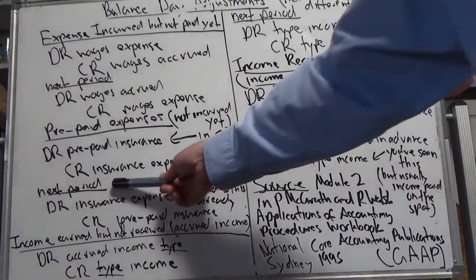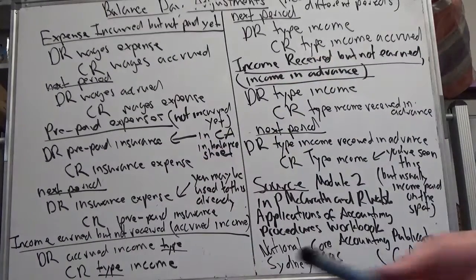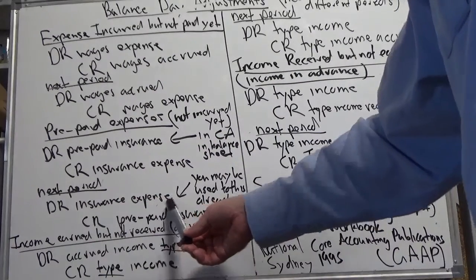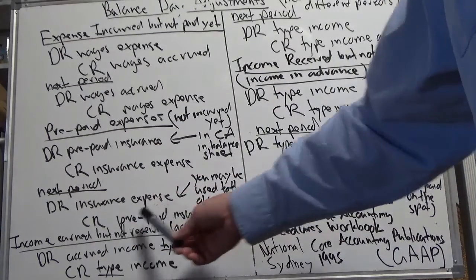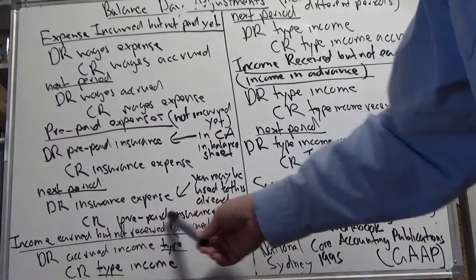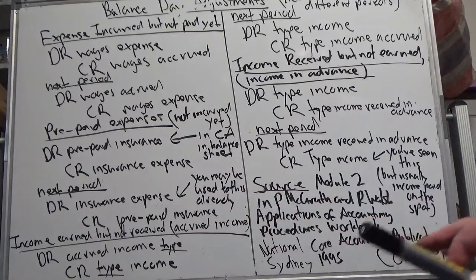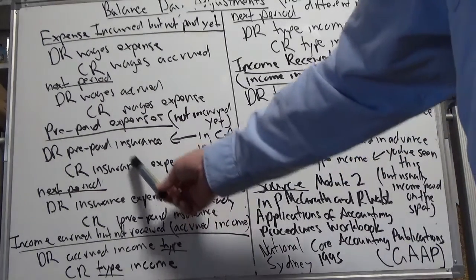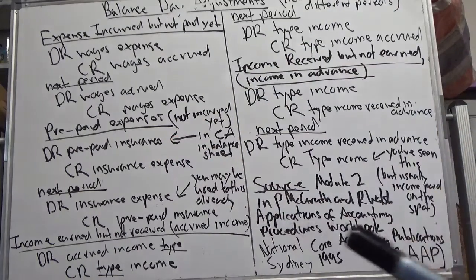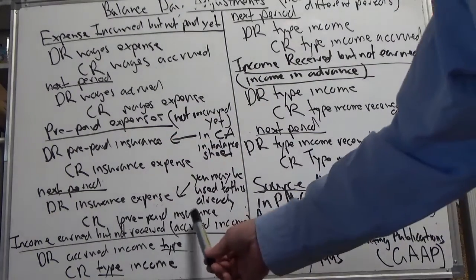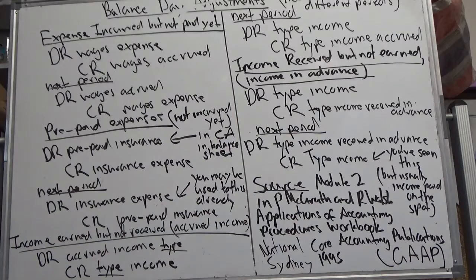But in the next period, say the next month, you debit insurance expense as you'd expect. You've probably seen that before. Debit your expenses on the P&L and credit prepaid insurance. Kind of reverse it. Like first you've set it up in period 1, and then once it's been incurred in the next period, you're reversing out prepaid insurance, which doesn't exist anymore, and take it off the balance sheet as well. So that's that one.